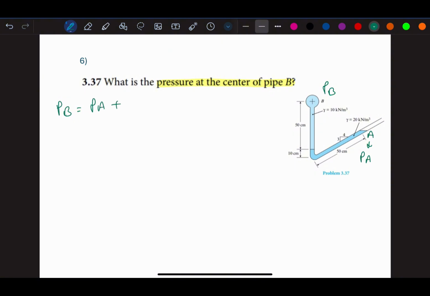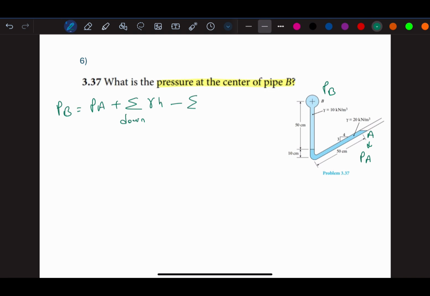So for example, if we are coming from A to B, when we are going down, we are going to get positive values, and the pressure is equal to specific weight times height. So when we are going up, we will get minus values.